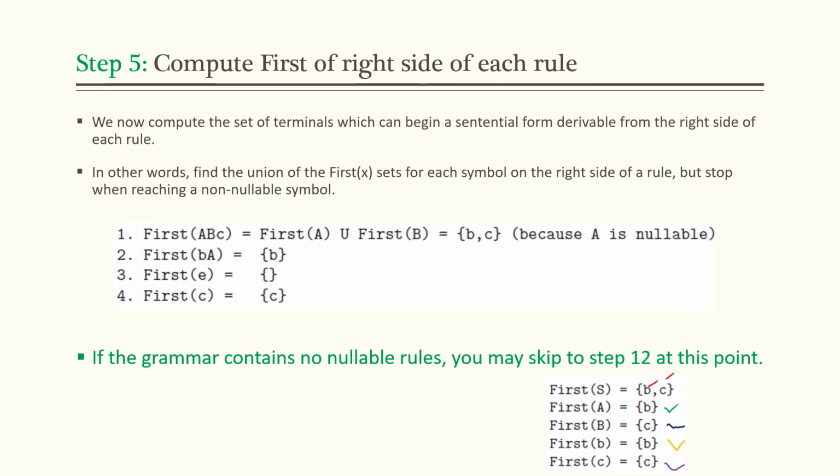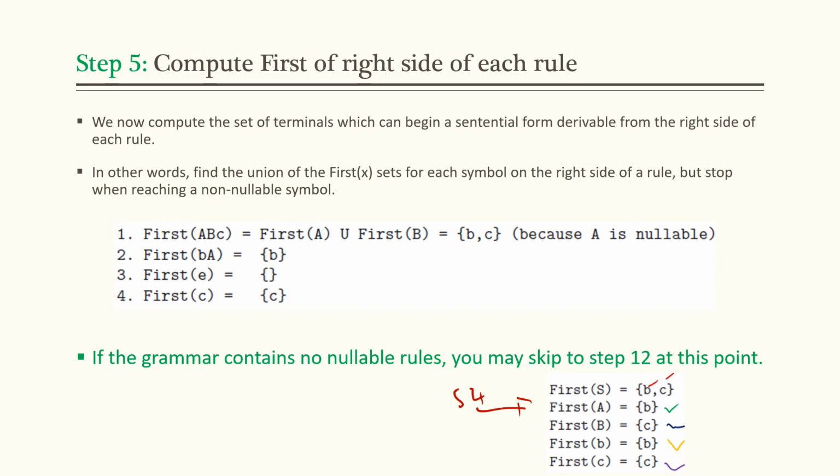So for first A, we need to refer back to the previous steps. I have copied here the result from step number 4. So first A is B, from step 4. A is B, union with first B, B is C.